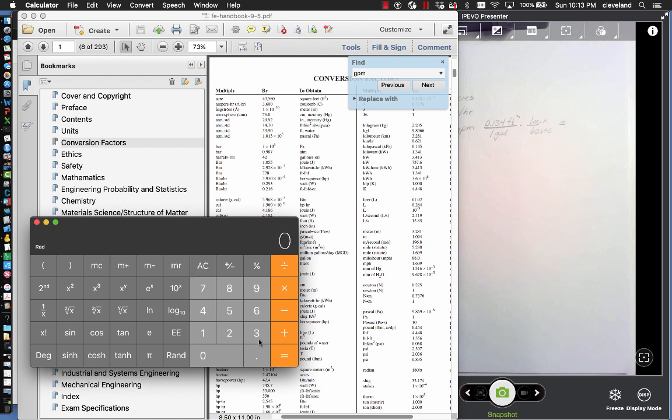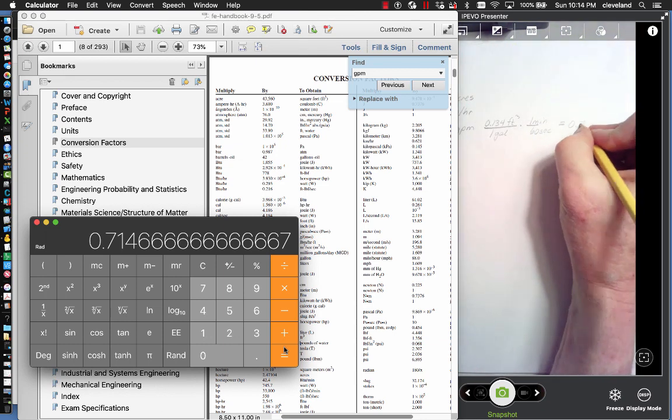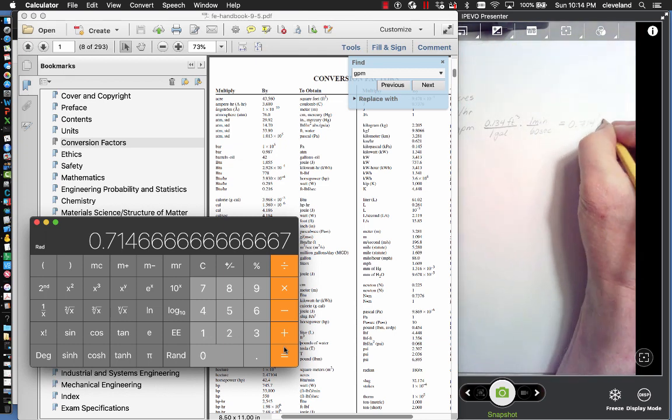So 320 times 0.134 divided by 60 equals 0.714 feet cubed per second.